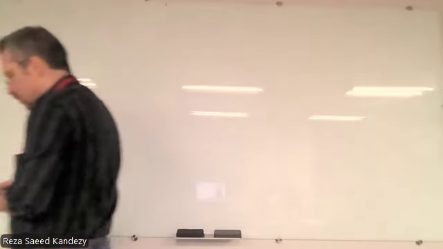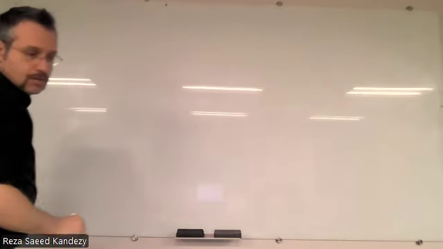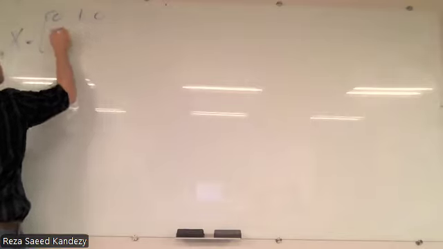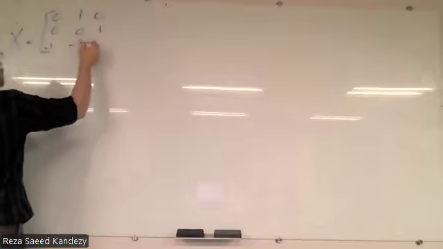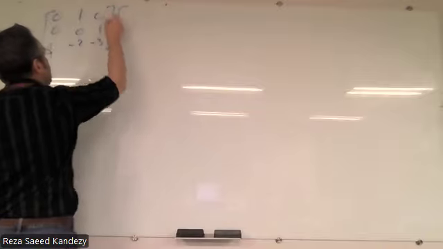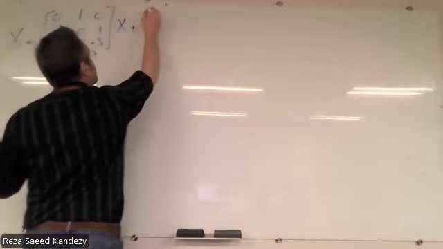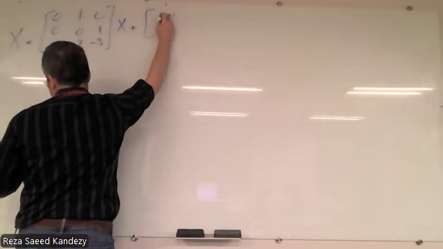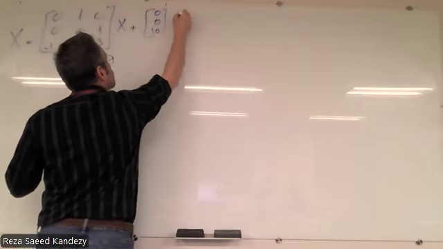Now, let's say our state space model is x dot equal to my A is 0, 1, 0, 0, 0, 1, minus 1, minus 2, minus 3, times x, plus 0, 0, 10 here.